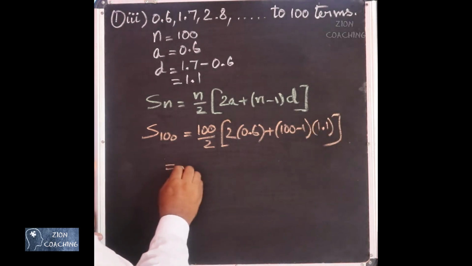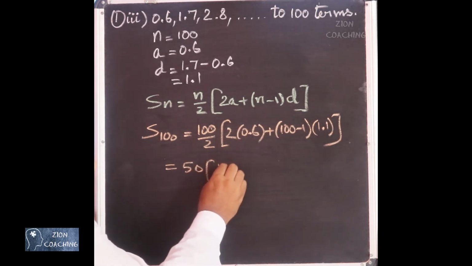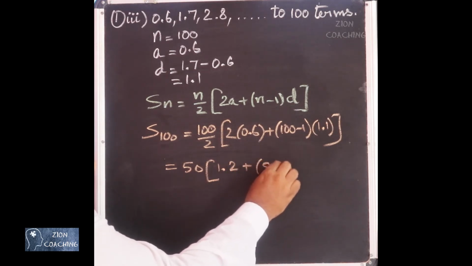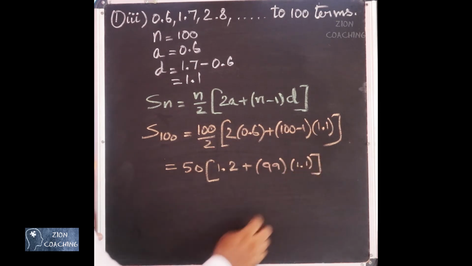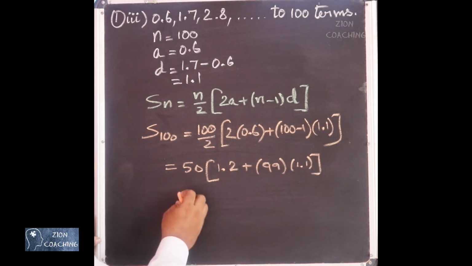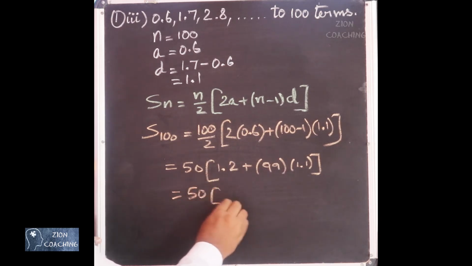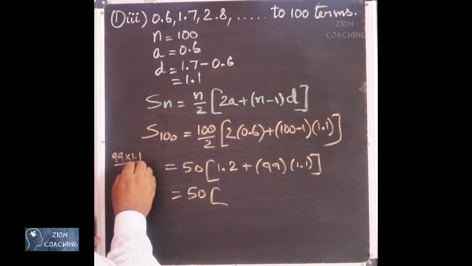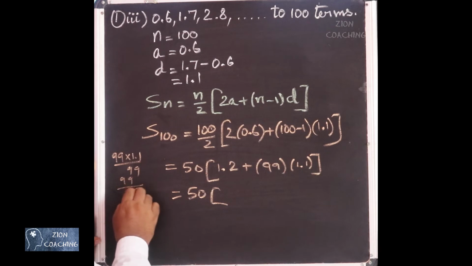So we are going to have 50 into 2 into 0.6 is 1.2 plus 99 into 1.1. So we will have 50 into 99 into 1.1 is 99. When you add, you will get 1089.